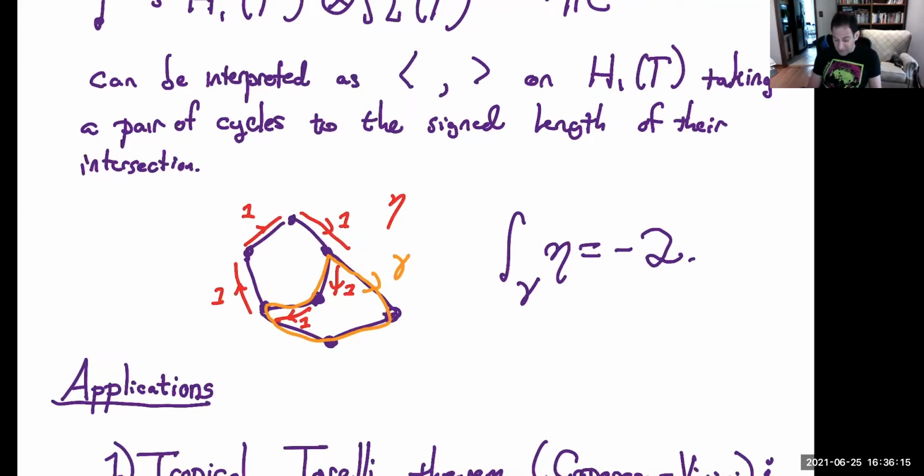The cycle pairing is the pairing on first homology induced by the Kronecker pairing on edges. That's just a fancy way of saying that if I have a pair of cycles and I pair them, it goes to the signed length of their intersection, meaning an edge counts positively if the orientations agree and negatively if they disagree.